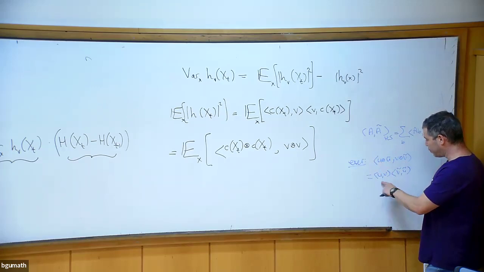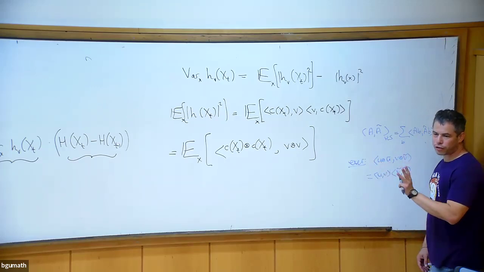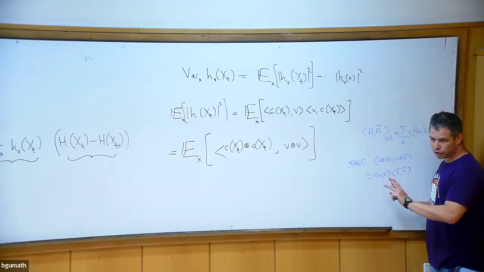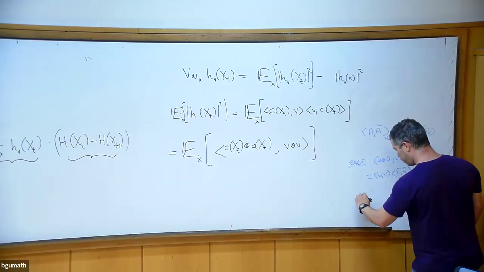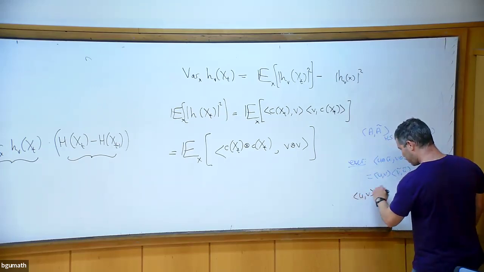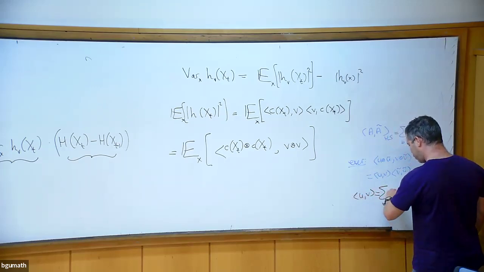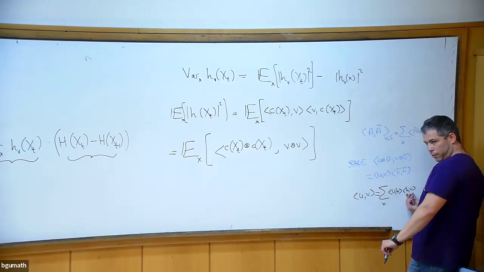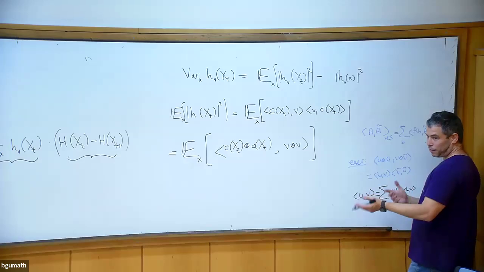He thinks it should be UV, U tilde, V tilde. No, one of them has to go in the other direction. It comes from the fact that if you want to take U and V, then you can sum over an orthonormal basis and take the inner products, and this goes the other way.